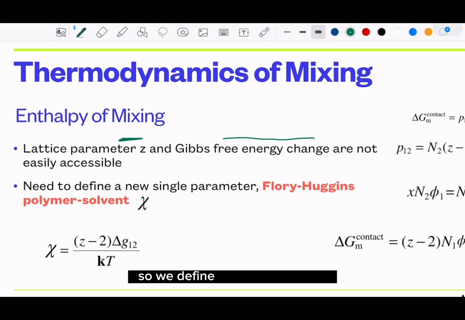So we define another parameter, what we call the Flory-Huggins polymer solvent, which is described as this chi letter. This chi is equal to this, that minus 2 delta G12 over KT. Okay.